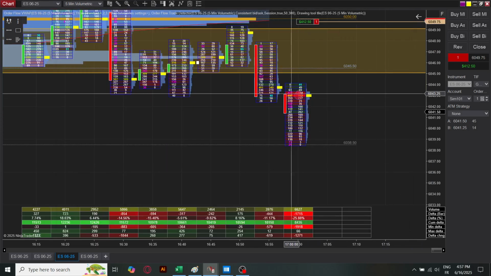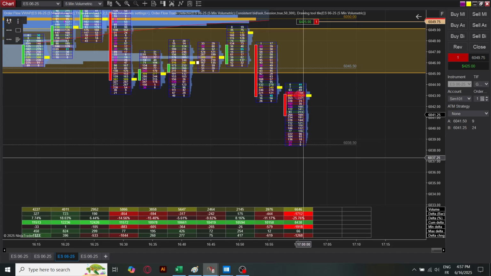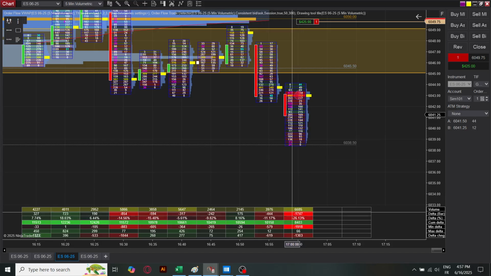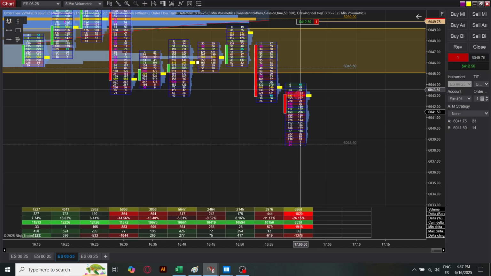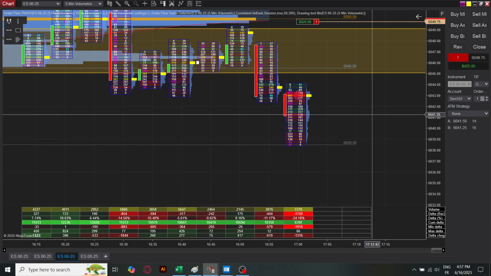Even if sellers are very strong, price didn't go down. You can see delta bar is close to the minimum delta, minus 26% delta on a very strong candle. If we look back on the volume, we have our trade indicator over here.